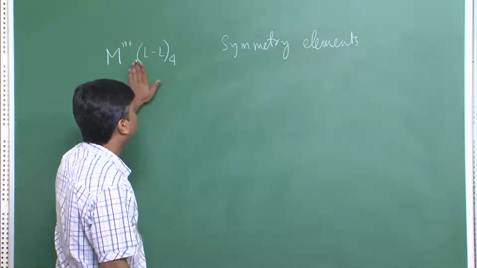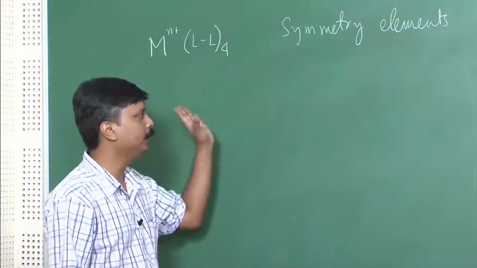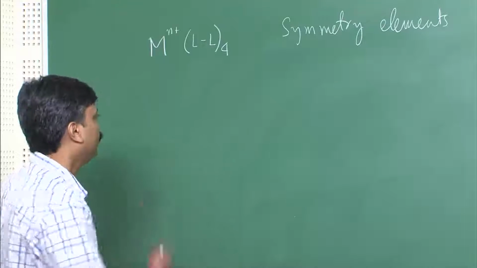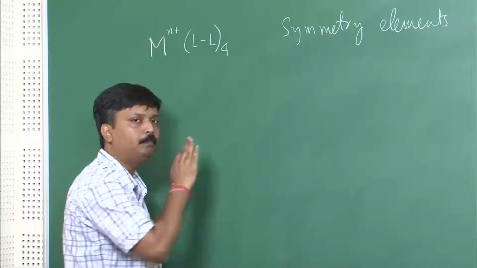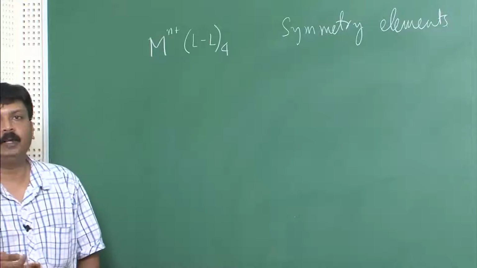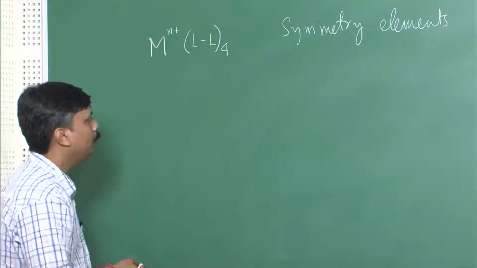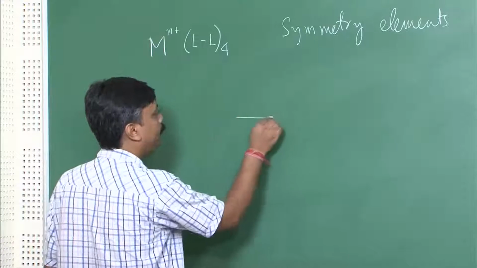So what are the different symmetry elements that are present here? In order to find out, we need to know the structure of the molecule. So if I draw it in a proper way, that will help me find the symmetry elements. Let me do that real quick.